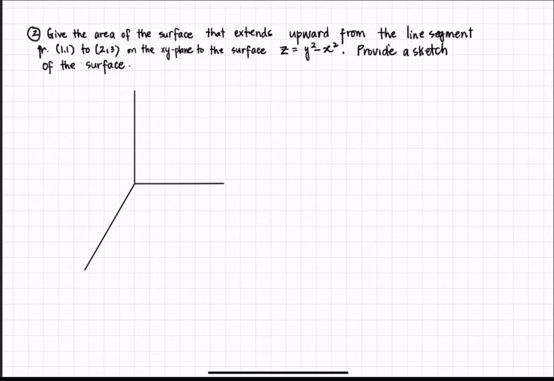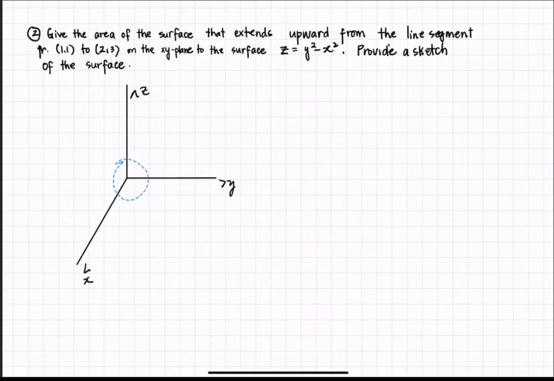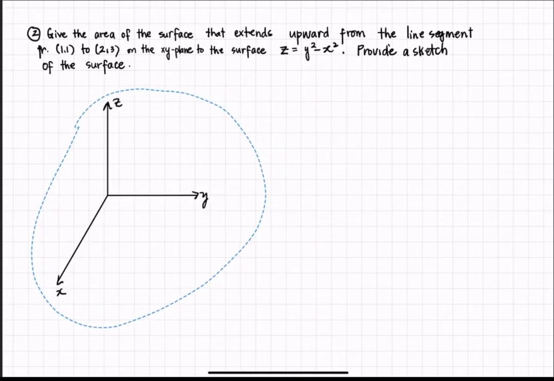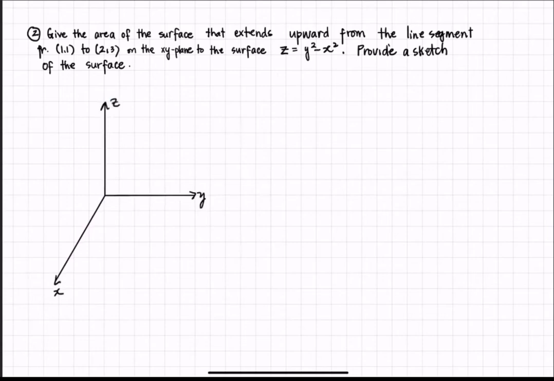So, let's say this is your XYZ plane, or XYZ axis. So, etong surface na to is, that is actually a what? Of course, it's a quadric because it is a degree 2 polynomial in XYZ. But what type of quadric?